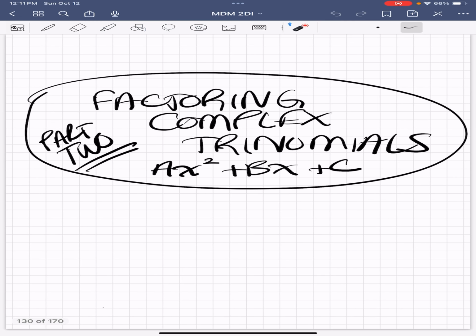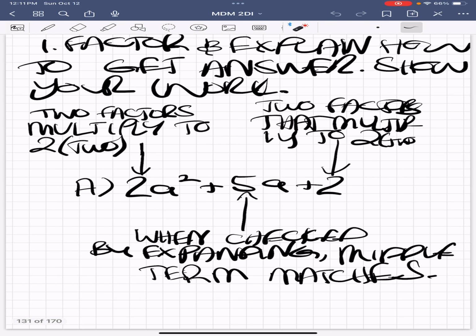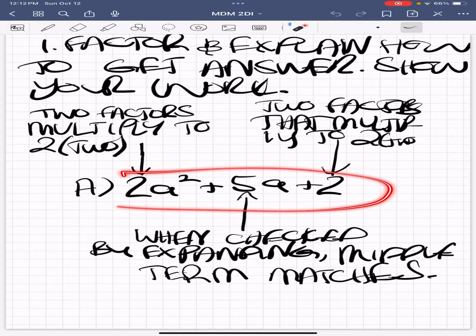So let's start. It's going to be factoring complex trinomials, and this is part 2 because I did a video on factoring simple trinomials as well. And let's begin. Factor and explain how to get the answer. Show your work. Basically, we're going to try and factor this trinomial.